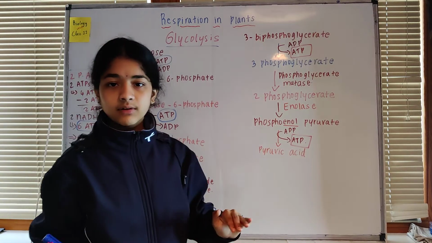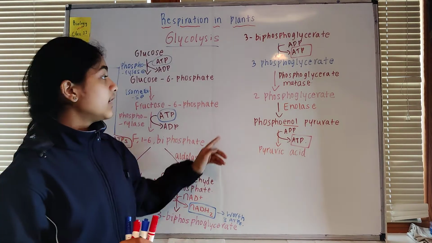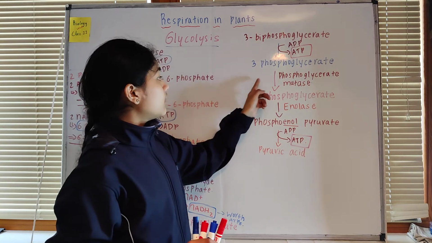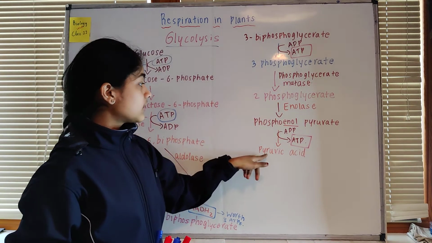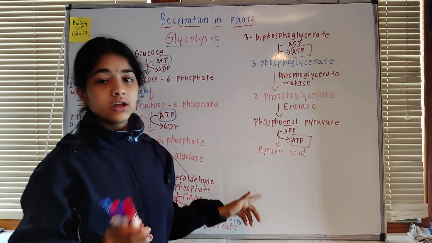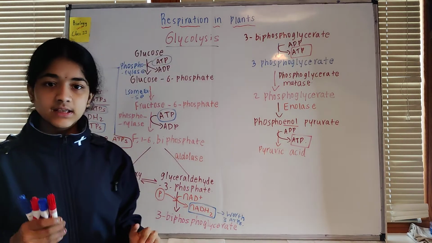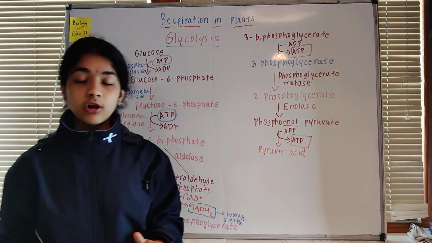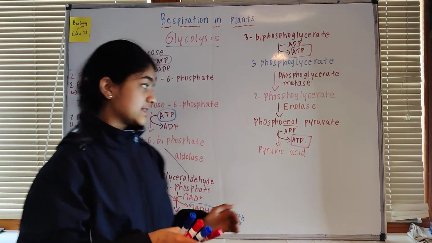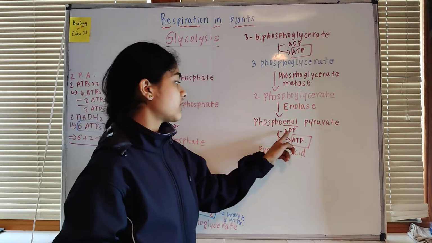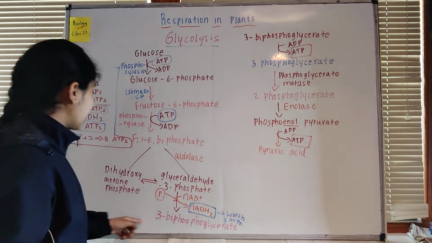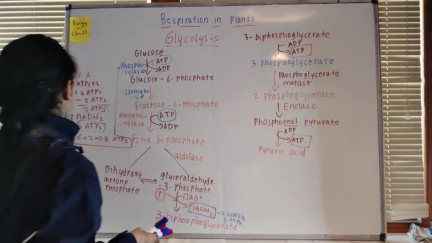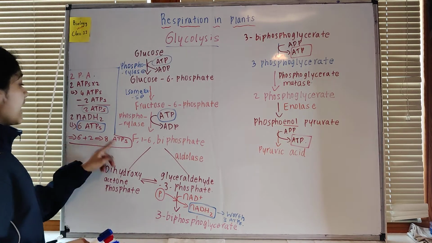3-phosphoglycerate converts into 2-phosphoglycerate. Here also, phosphoglycerate mutase is the enzyme. 2-phosphoglycerate changes into phosphoenol pyruvate, where the enzyme is enolase, and then phosphoenol pyruvate changes into pyruvic acid. And this is also a redox reaction where ADP gets reduced into ATP. At the end we are left with 2 pyruvic acids and 8 ATPs.